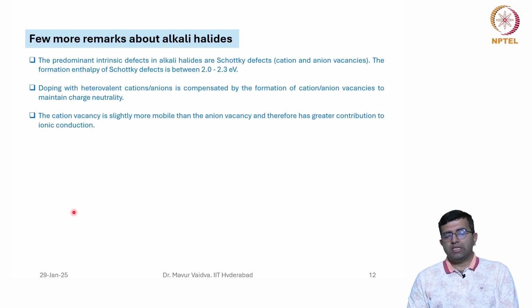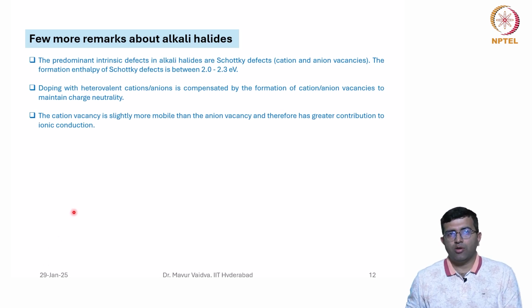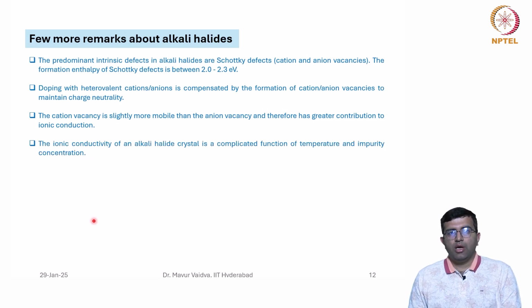The cation vacancy in alkali halides is slightly more mobile and therefore has a greater contribution to the ionic conduction, which comes primarily because of the size difference. The ionic conductivity of an alkali halide is a function of both temperature and the impurity concentration.